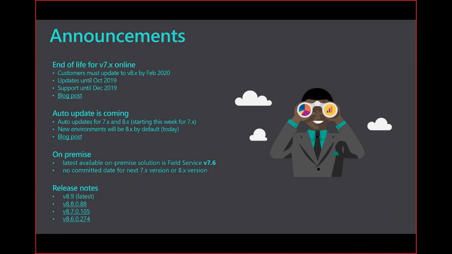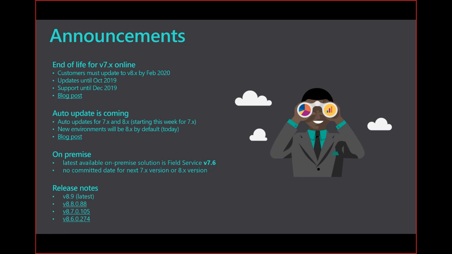The reason that I'm highlighting this is that for organizations on Field Service version 7, we have put them in a special flight, and at the moment, the best way to get out of that flight is to contact support, which we've documented a process for. It's fairly simple to make a request to get you out of the Field Service version 7 flight, so that you can upgrade an org to version 8.